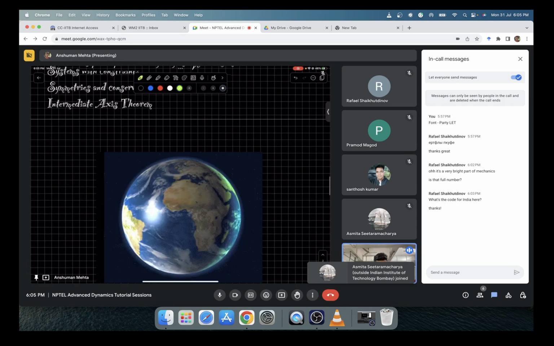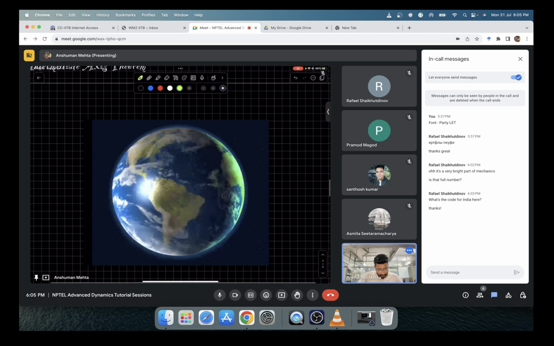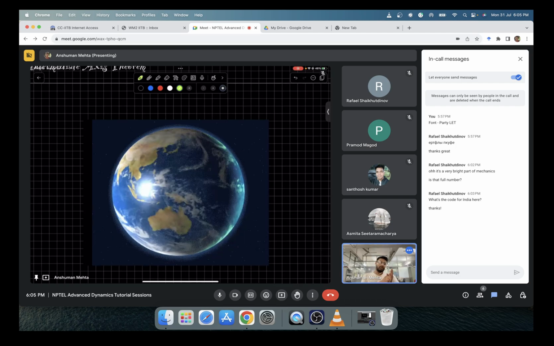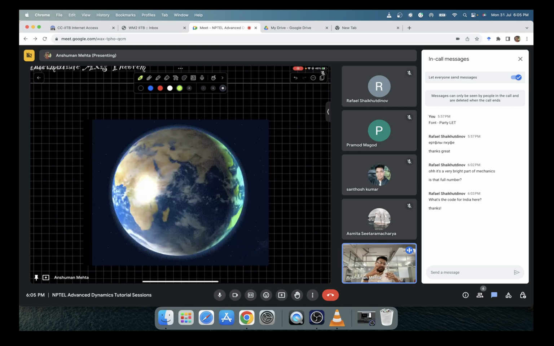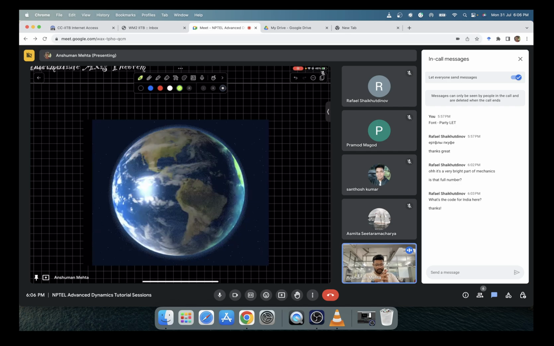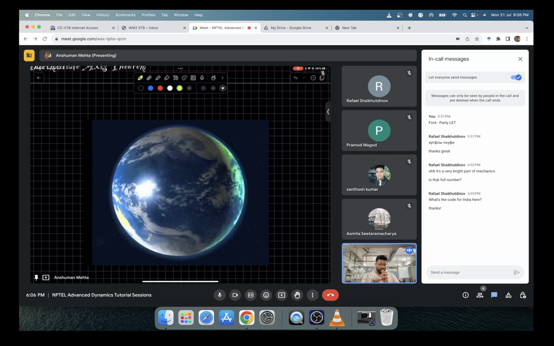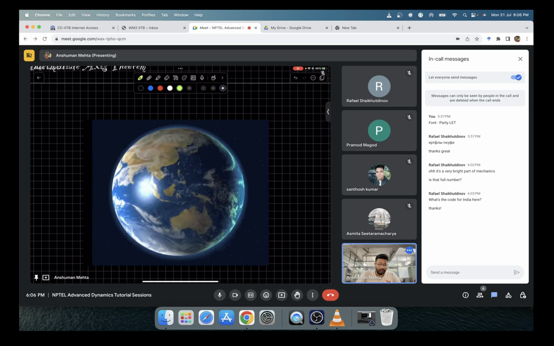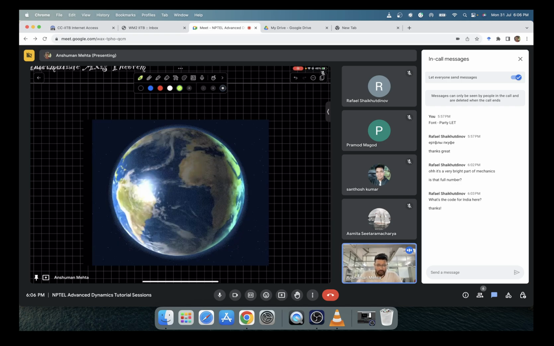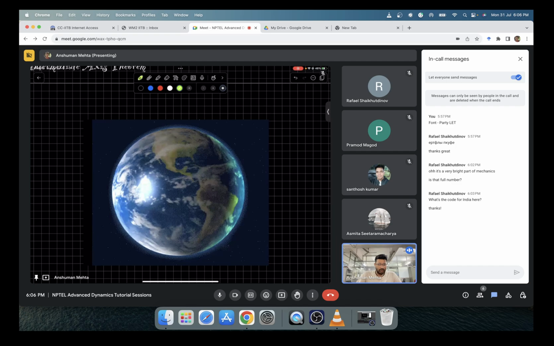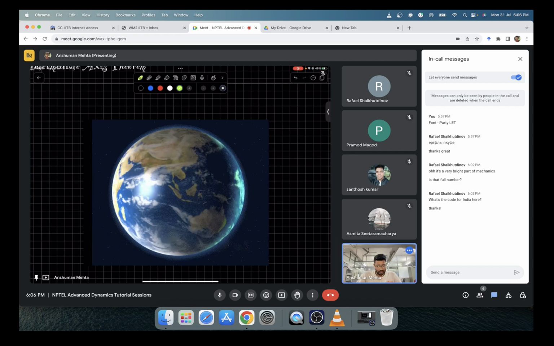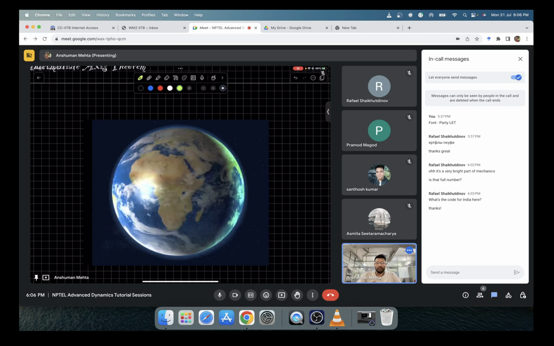We see that our Earth is here and it's rotating, and it is slightly tilted also. But for our simplification, say our Earth is moving in a perfect rotation, and we are not considering revolution for now. Let's say we are in outer space somewhere, so we can see the Earth just rotating.